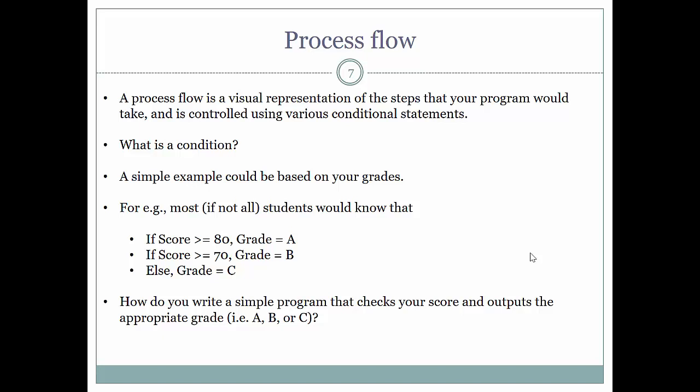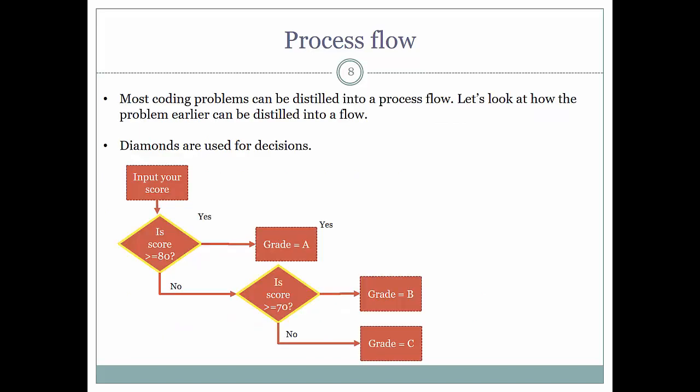However, before we even start coding, we first need to take a look at whether we are able to code the process flow, or rather draw the process flow. So in the next slide, we see what a process flow looks like.